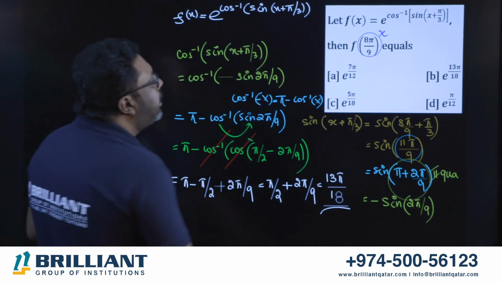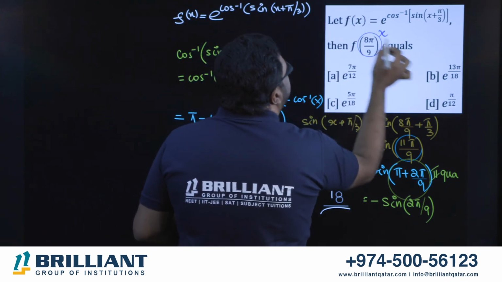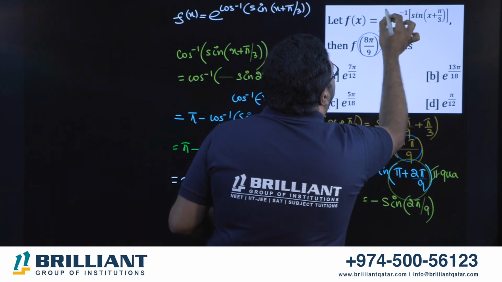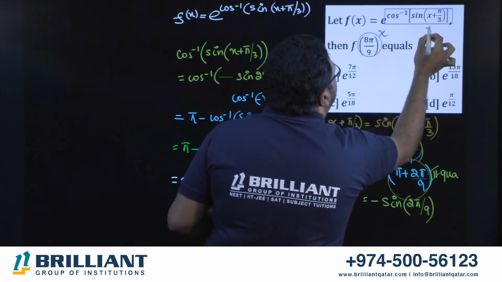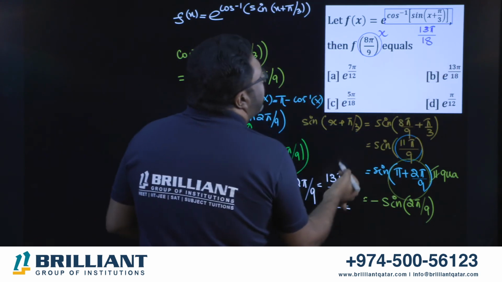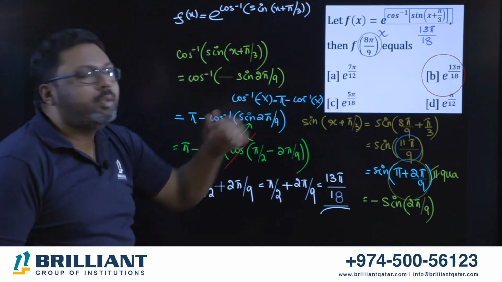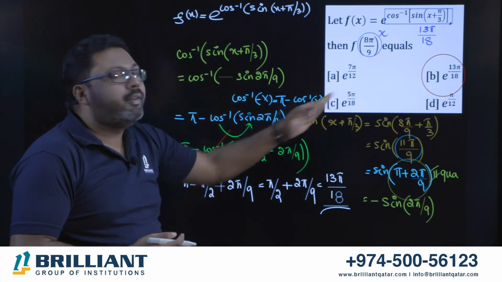So this part over here is 13 pi by 18. So my answer is going to become e raised to 13 pi by 18. So that is my final answer.